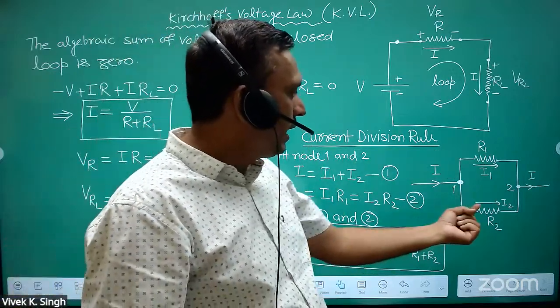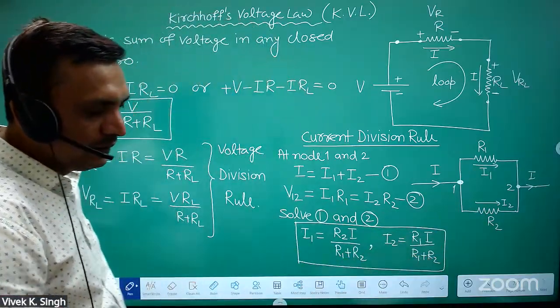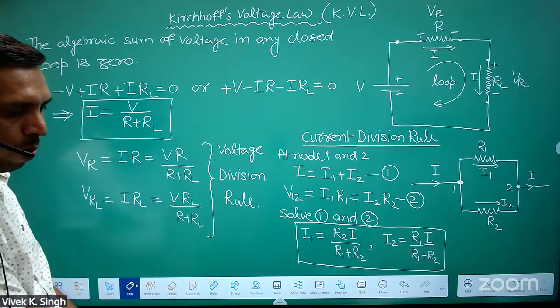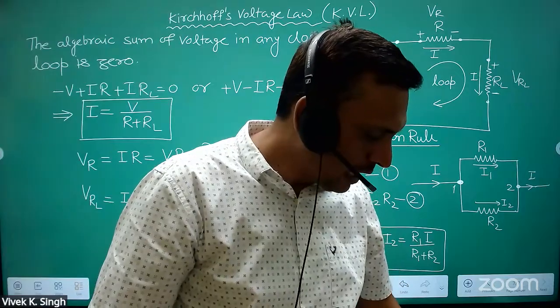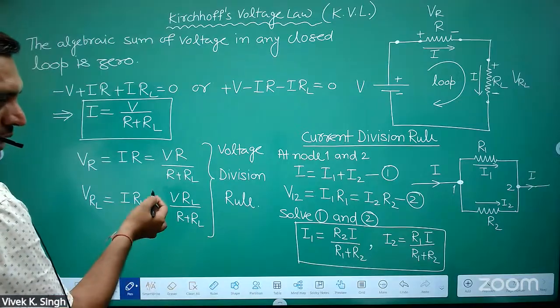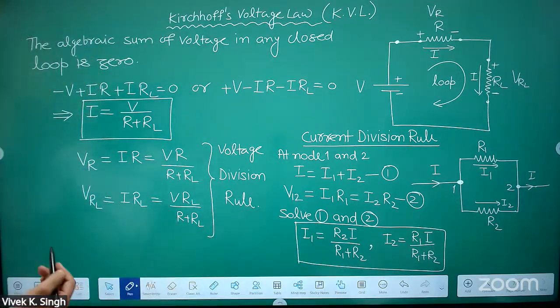And what will be current through R2? This is R1 into I by R1 plus R2. Yes or no? Okay? Yes, sir. So this is the voltage division rule, and this is current division rule.